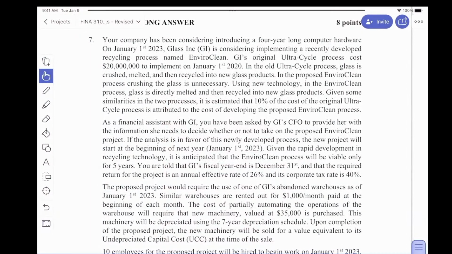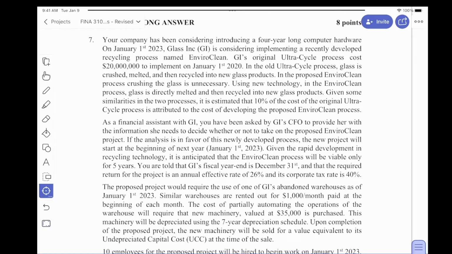All right, so let's spend 15 minutes, that's all we have, to look at which are incremental cash flows and divide it into investment income and income cash flows, all right?